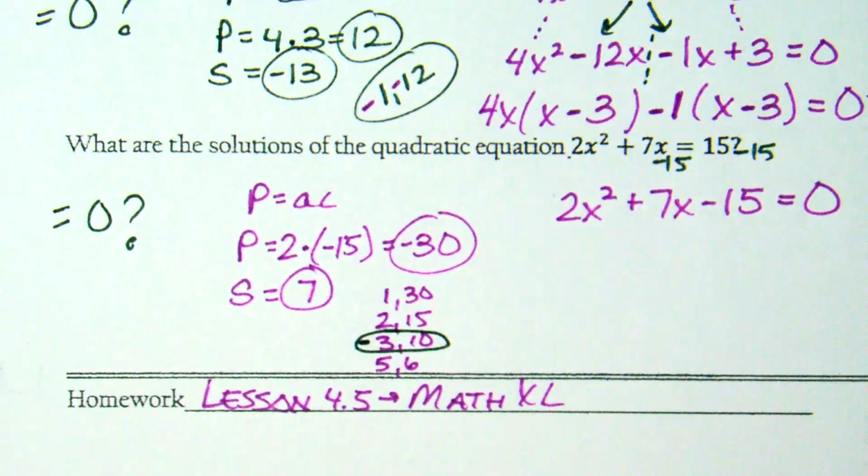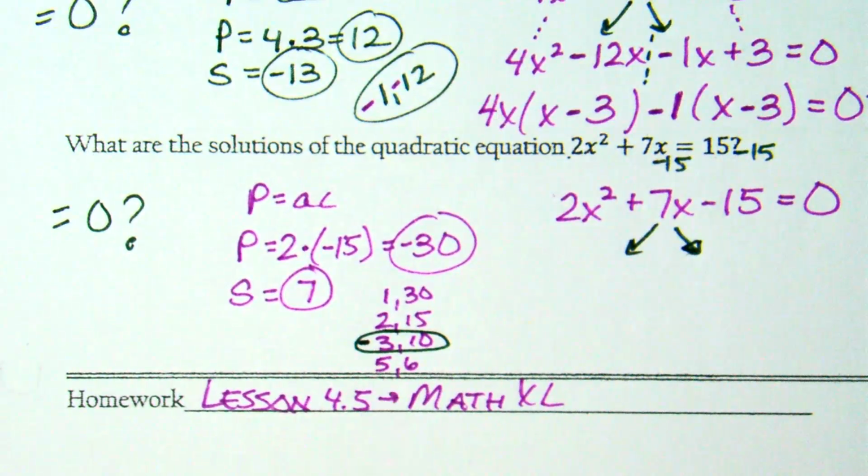I'm going to take that negative 3 and 10 and split that middle term. Let's see. Negative 3x plus 10x, or 10x minus 3x, and I could go either way.